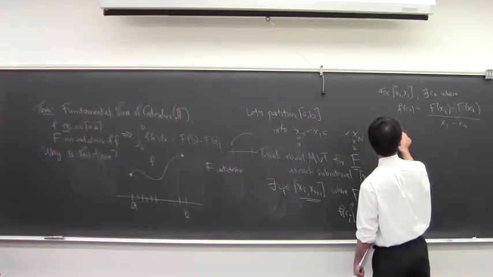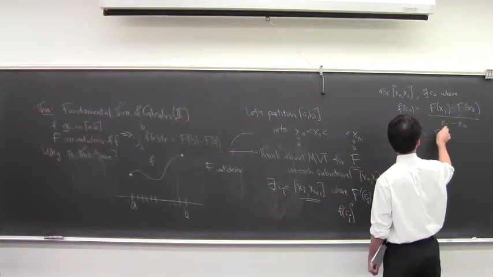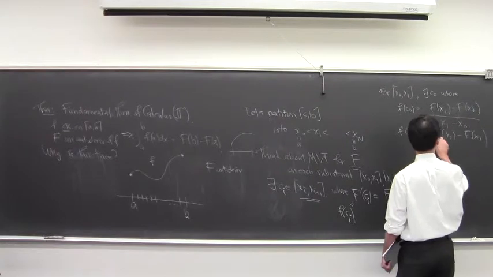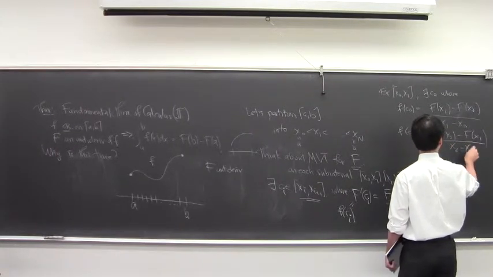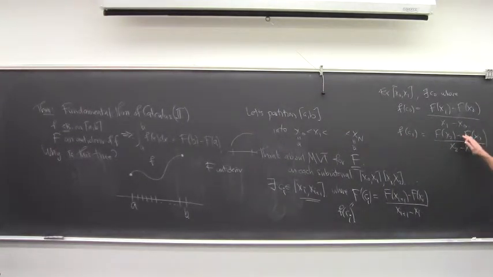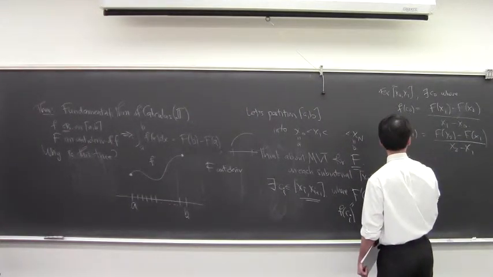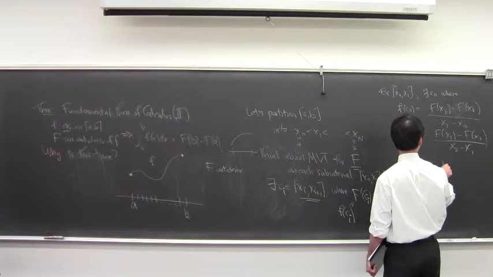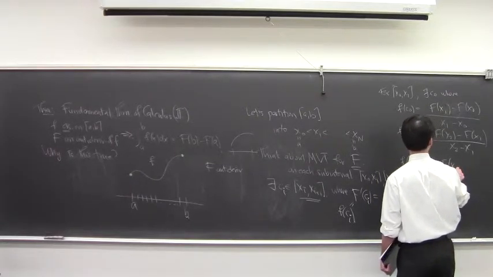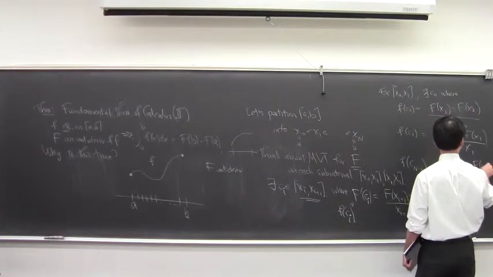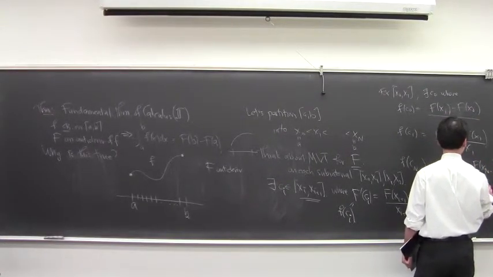For the next interval, there's c_1 where f'(c_1) equals (f(x_2) minus f(x_1)) over (x_2 minus x_1), and so on and so forth, down to the last one, the n minus 1 guy: (f(x_n) minus f(x_{n-1})) over (x_n minus x_{n-1}).